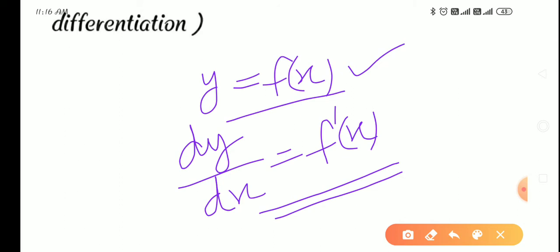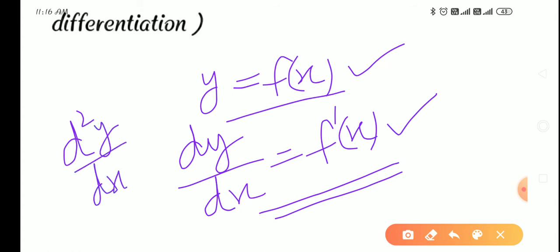Then suppose it is also a differentiable function. First derivative is also a differentiable function. Then the derivative of the first derivative is called second derivative and it is denoted by d2y upon dx2, and it will be f double dash x.